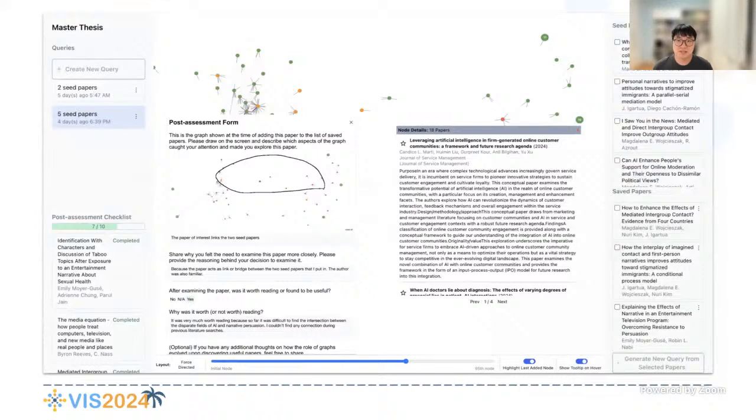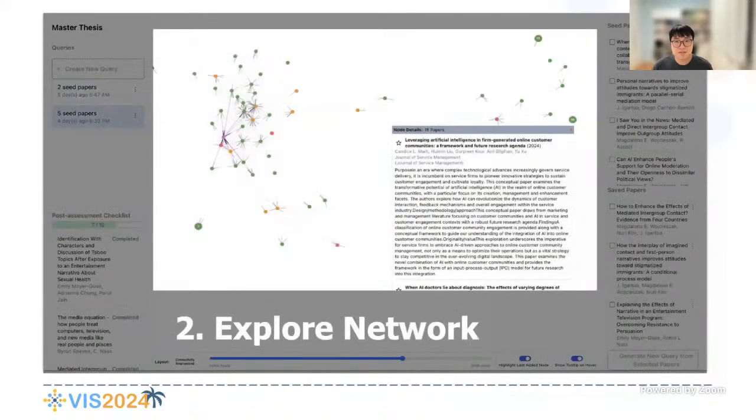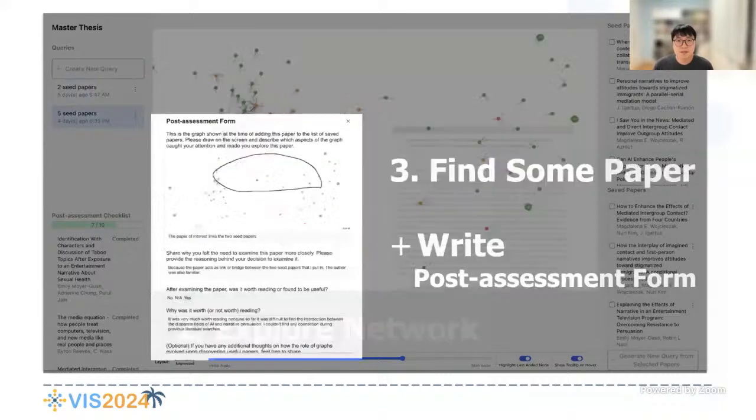This is the interface that our participants used over the 2 days. On the interface, users could specify some seed papers, and the system displayed the citation network around those seed papers. We asked the participants to freely explore the network, find interesting papers in the network, and then fill out a post-assessment form about them.